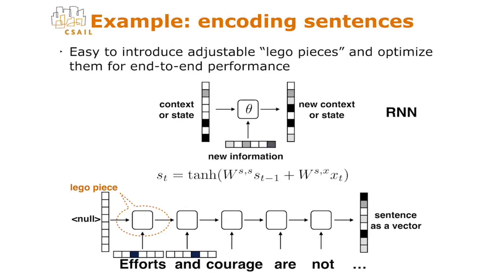So we now have a procedure that takes parameters theta and the definition of the box. We can apply it sequentially throughout the sentence and turn that sentence into a vector. Now that vector depends on parameters. Effectively, it depends on theta as well as on the sequence. And we can adjust those parameters to make this representation of a sentence appropriate for the task that we're trying to solve.